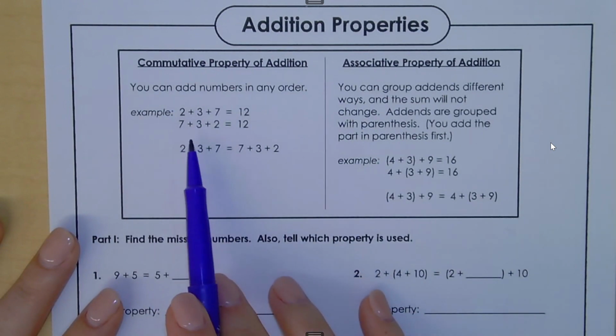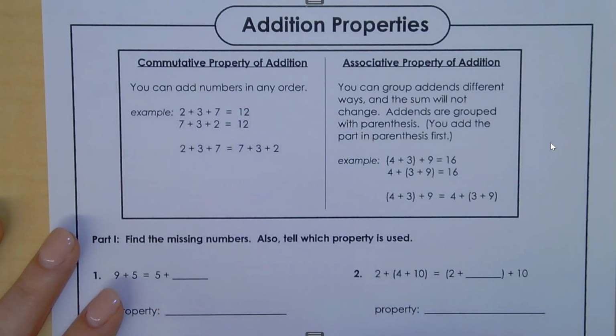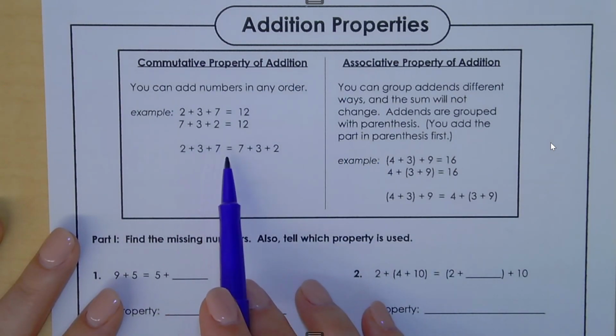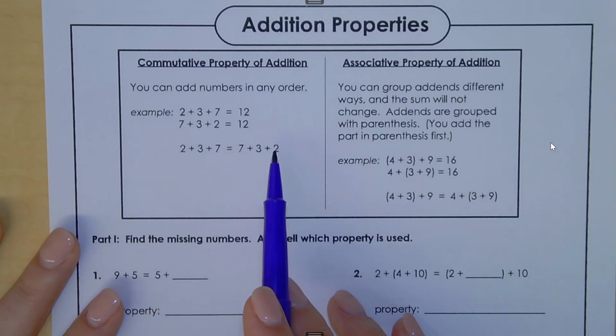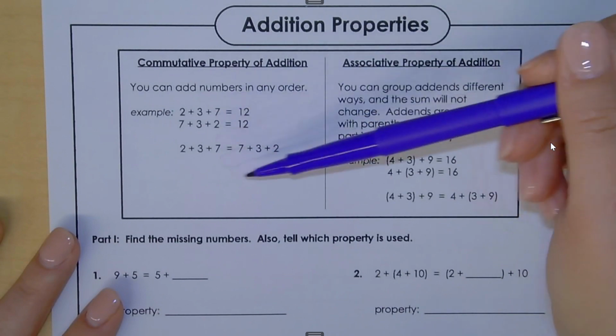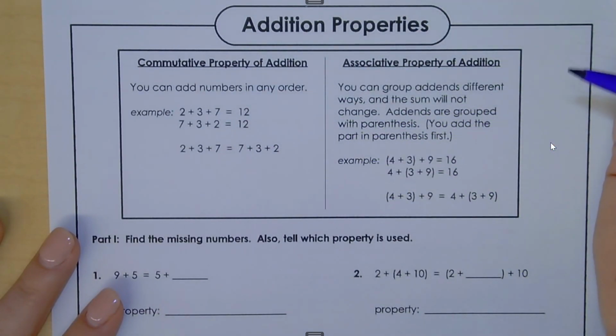But I can mix them up and say, well, 7 plus 3 plus 2 equals 12. Because this problem equals that problem because the numbers are the same. The order changed. But changing the order in an addition problem does not change the sum, the answer. So you can add the numbers in an addition problem in any order, and the sum will not change.